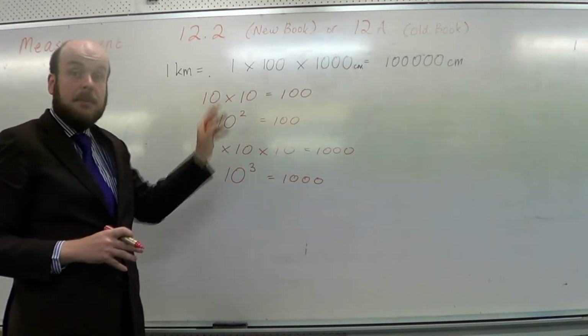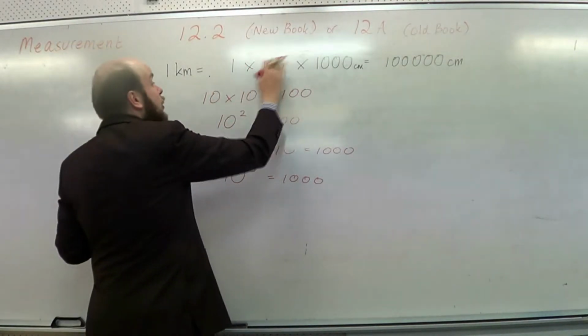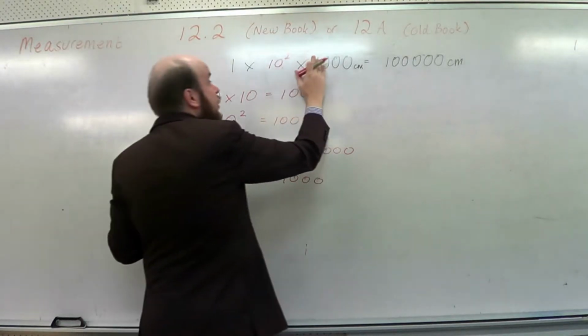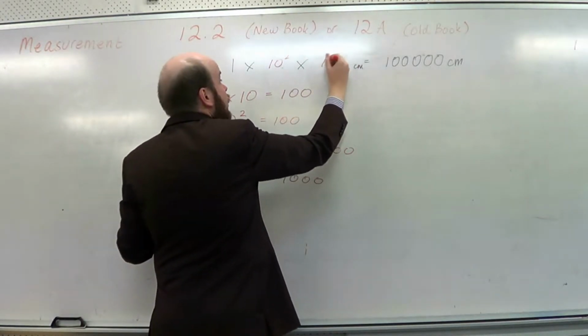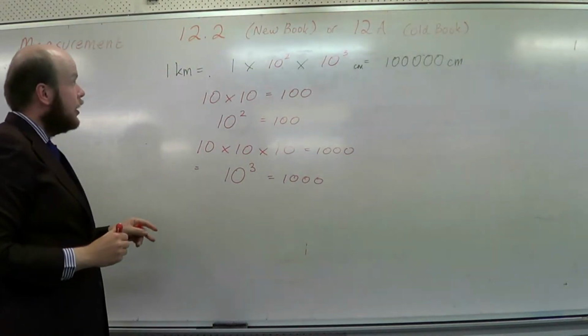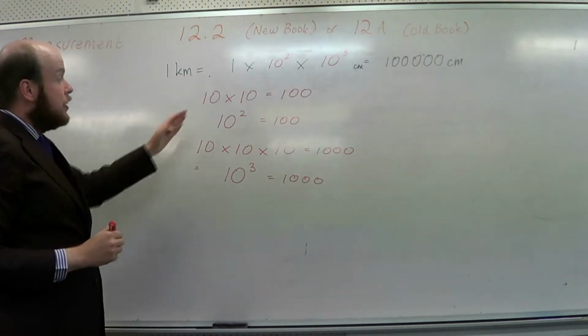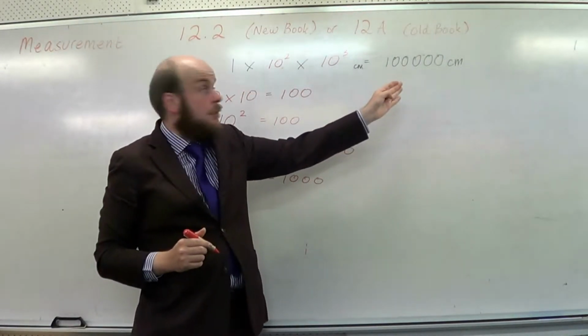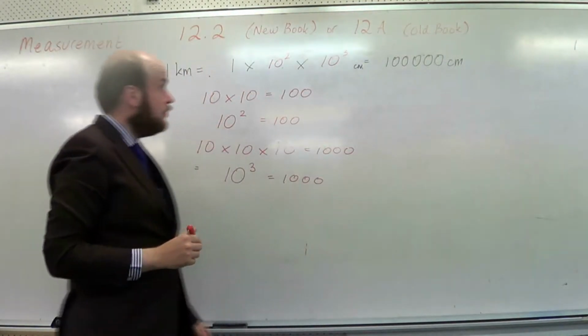Now, we can actually simplify this by saying 10 squared and 10 cubed. Because 10 squared is 100, 10 cubed is 1,000, still equal to 100,000.